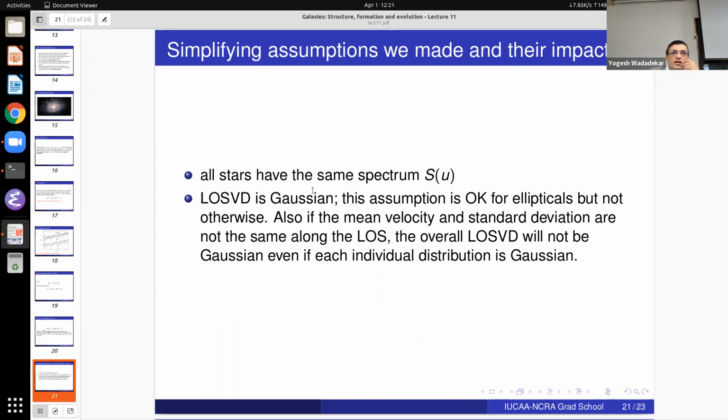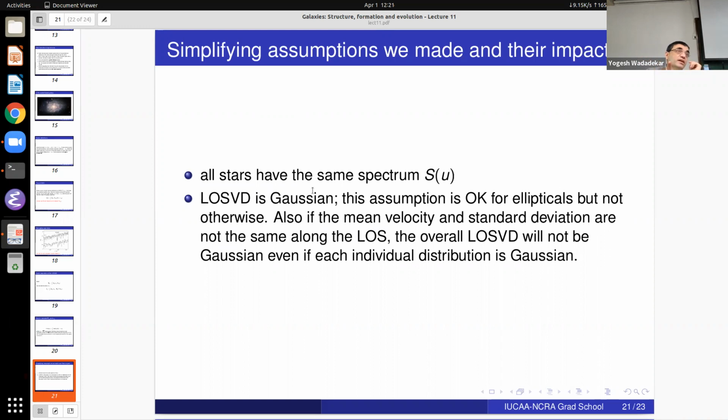And if the mean velocity and standard deviation are not the same along the line of sight, the overall LOSVD will not be a Gaussian even if each individual distribution is a Gaussian. So this is just stating the mathematical fact that if you have two Gaussians which have different widths and means, if you add them together, the sum is not a Gaussian, right?